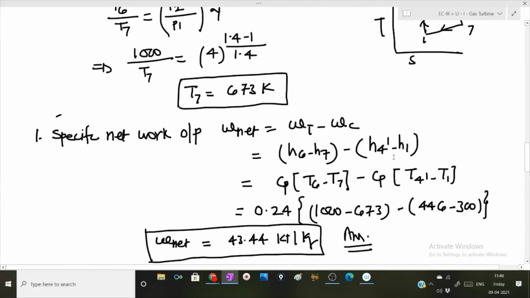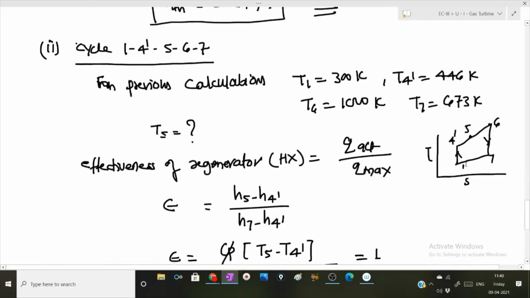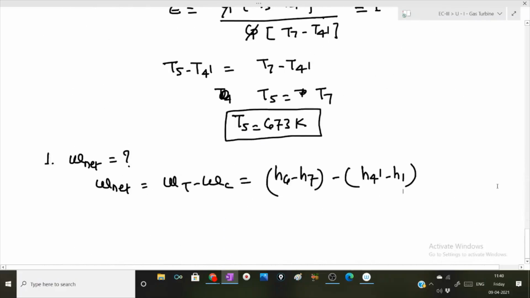H6 minus H7, H4 dash minus H1. So without calculating, the net specific work output will be 43.44 kilojoule per kg.